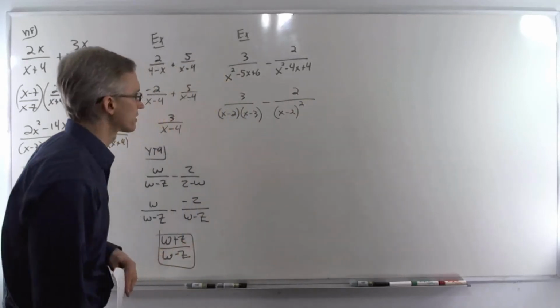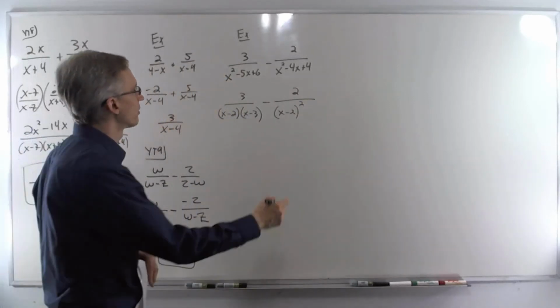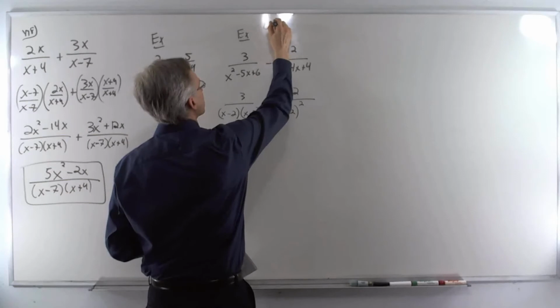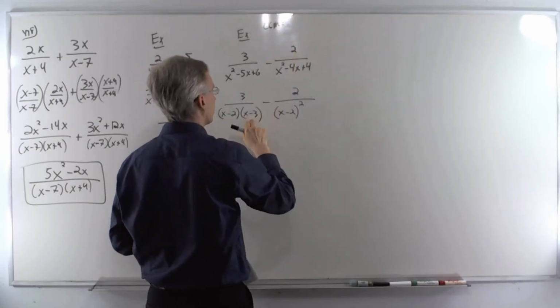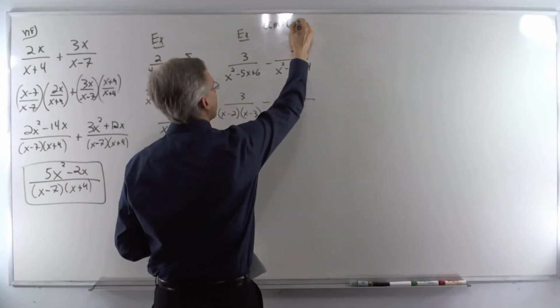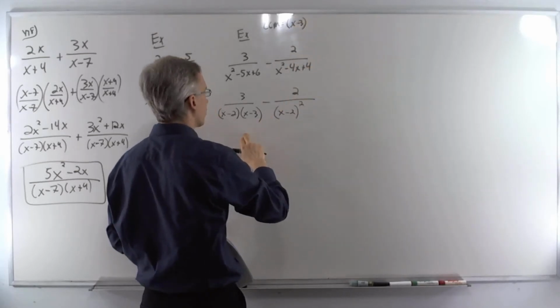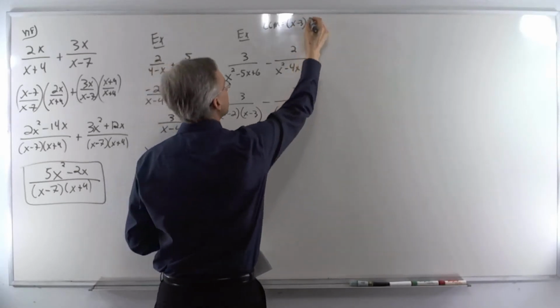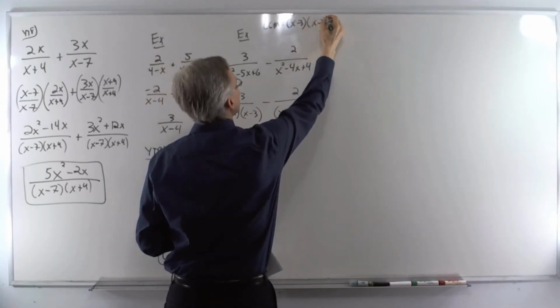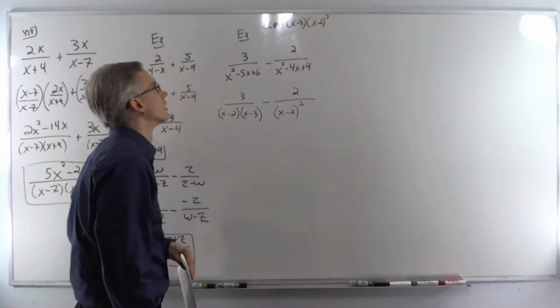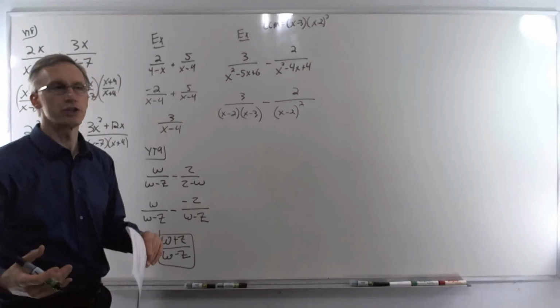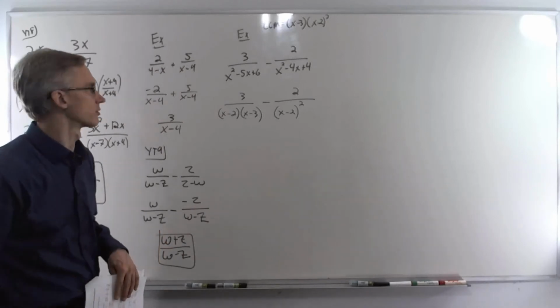Now, when we find the LCM, we'll just take the highest exponent. So we got LCM equals, all right, we got an x minus 3. We're going to keep that base. Make sure you keep all bases, no matter if they appear in one or both. And x minus 2 squared. So in our denominators, we need 2 x minus 2's and 1 x minus 3.